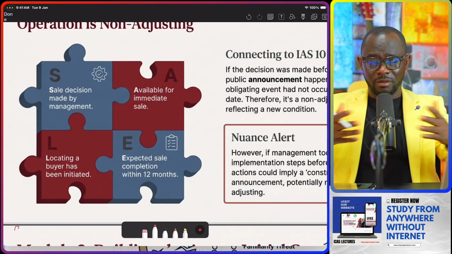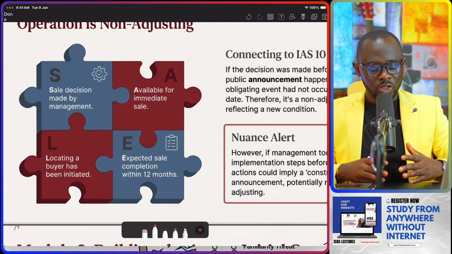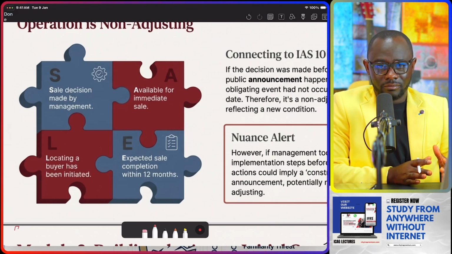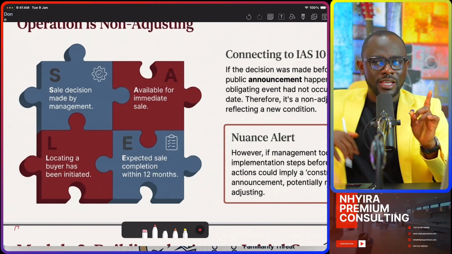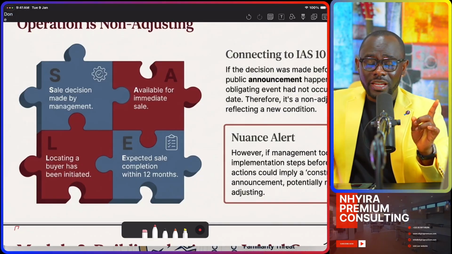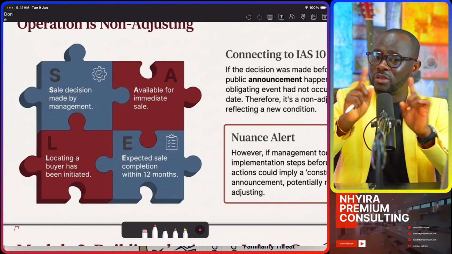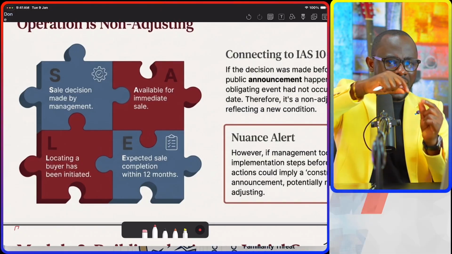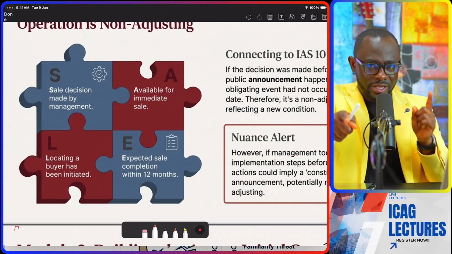So there has to be some announcement in respect of that. So if at the end of the year, there is a detailed plan, but no announcement, and the announcement was made after the end of the year, that will not be an adjusting event, because at the end of the year, the criteria had not been met.